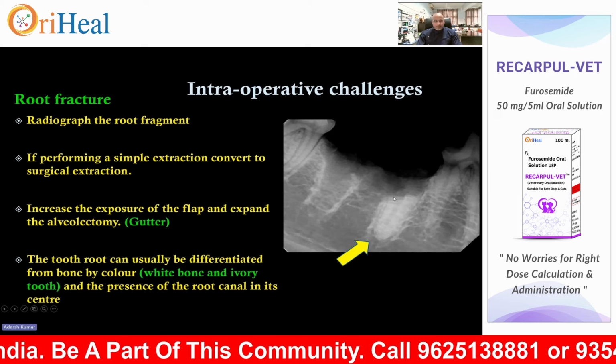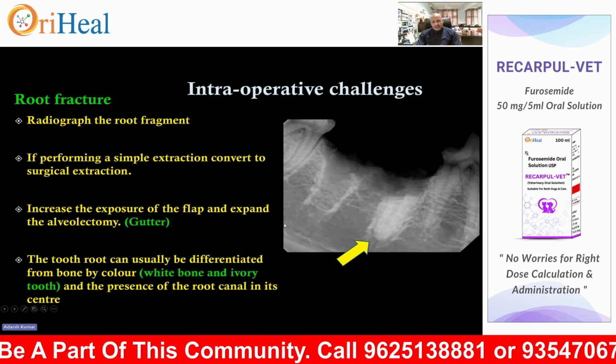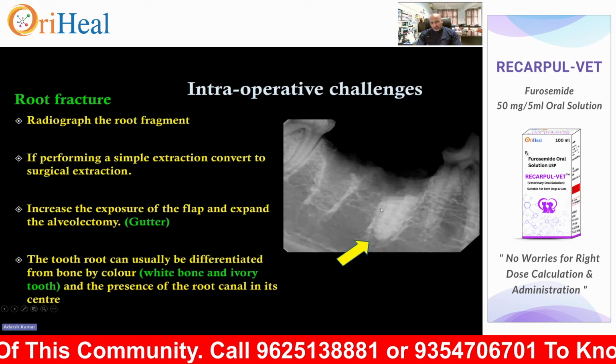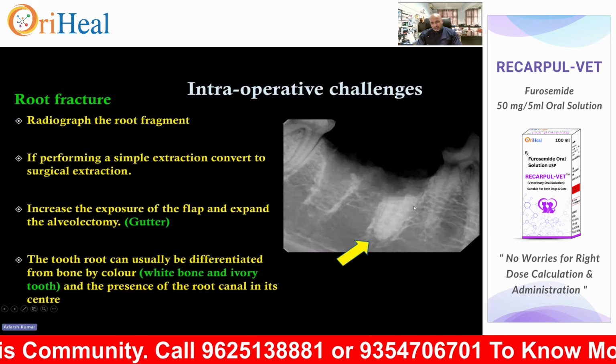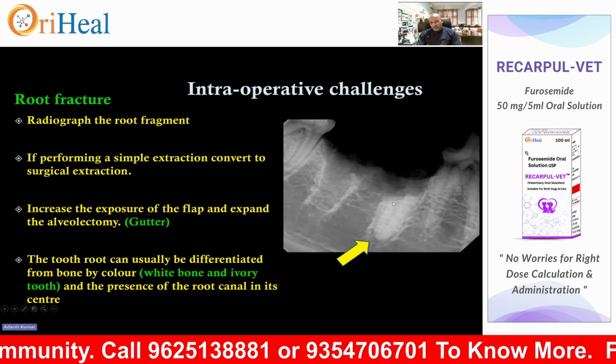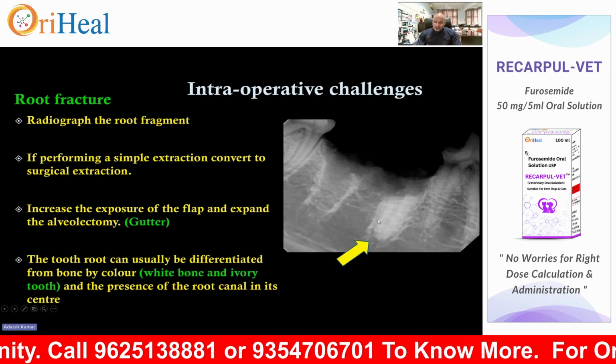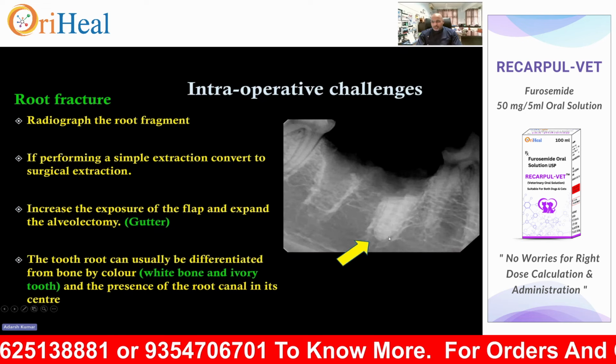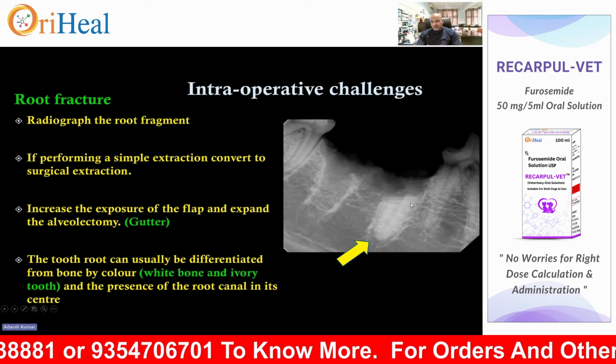Then if it is a simple extraction, convert it into a surgical extraction. Now you have to cut the alveola over it. So again, an alveolectomy has to be made, and a kind of gutter is created here to expose the tooth.